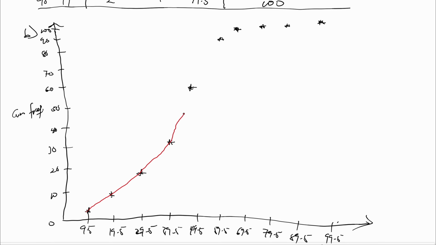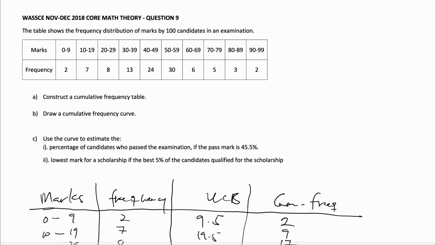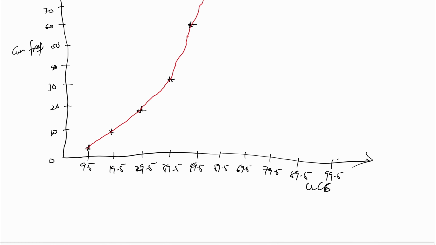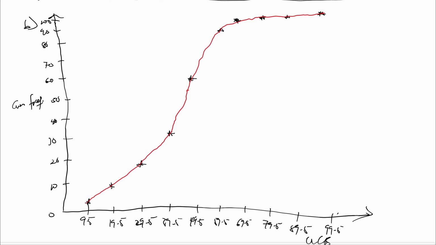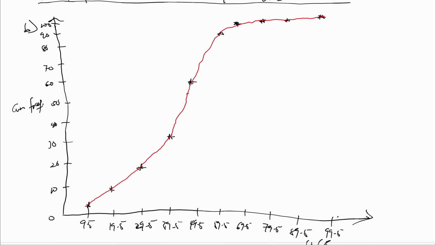Now C, it says use the curve to estimate the I, percentage of candidates who pass the examination if the pass mark is 45.5. So first we locate 45.5 on our graph. Now 45.5 will be somewhere here. So we draw a straight line from 45.5 to meet our curve, and we draw a line from the point of intersection to meet our y-axis.